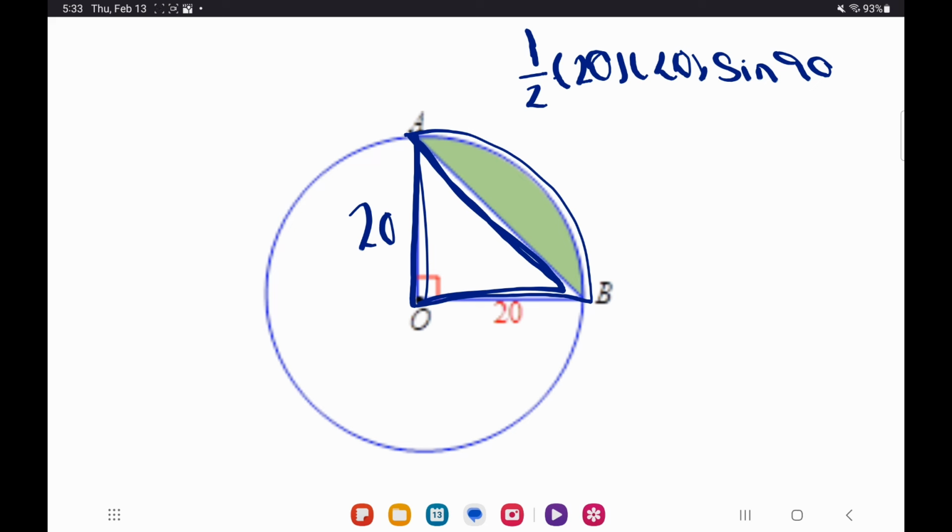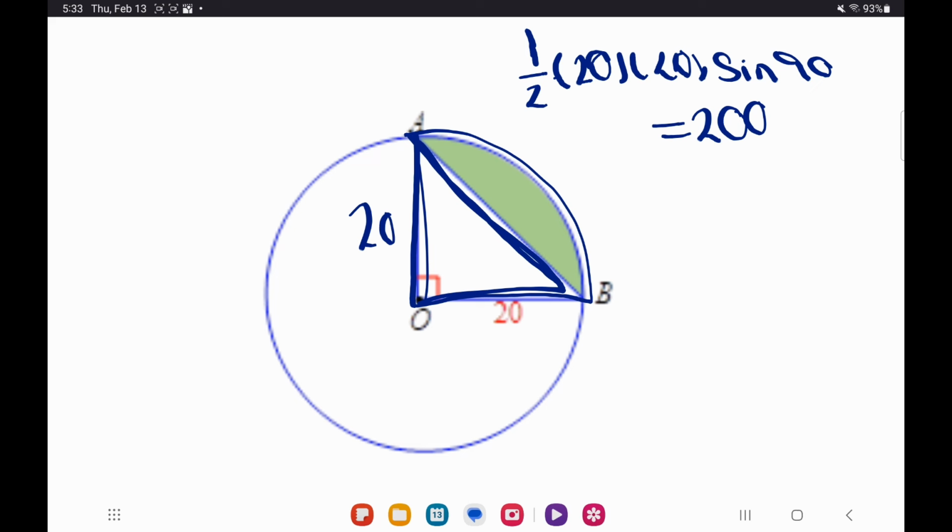Let's do it on our calculator. Half times 20 times 20 times sine 90. We get 200. So that's the area of the triangle.